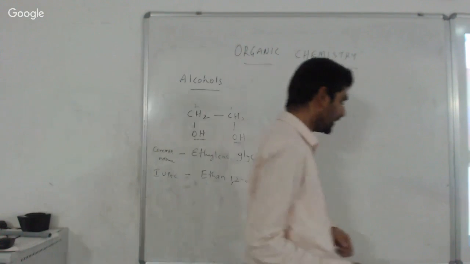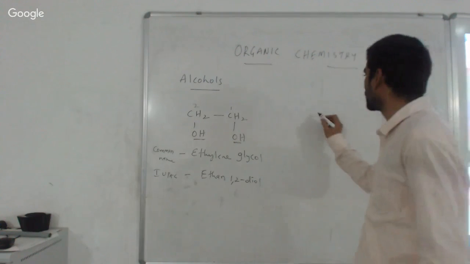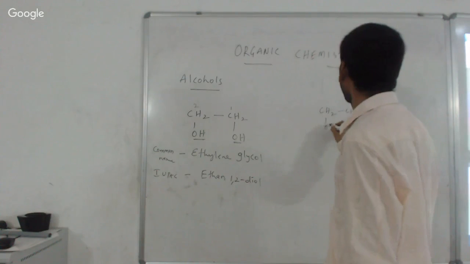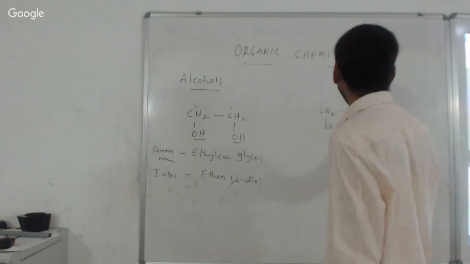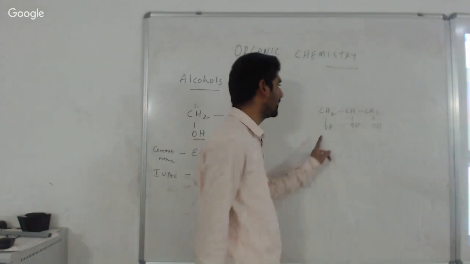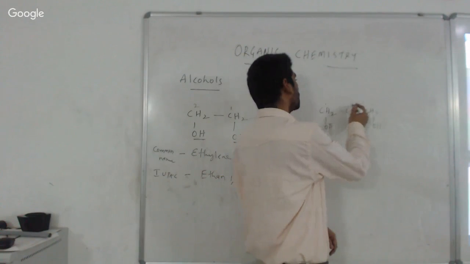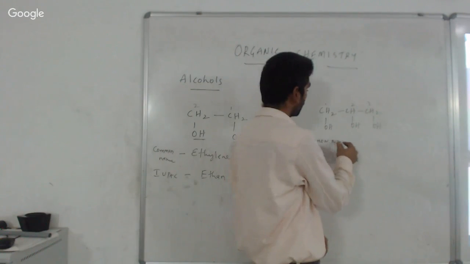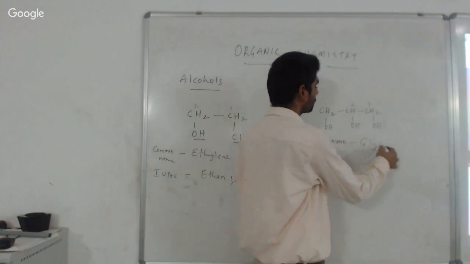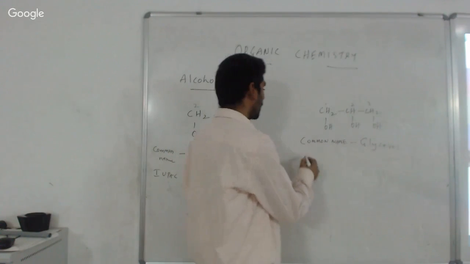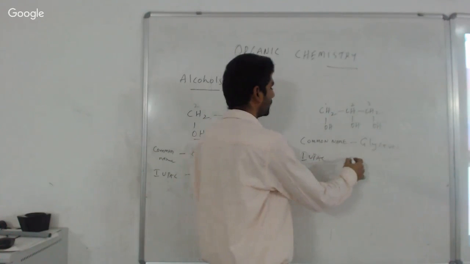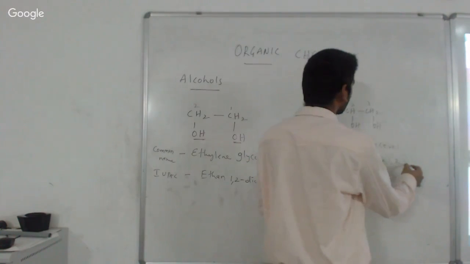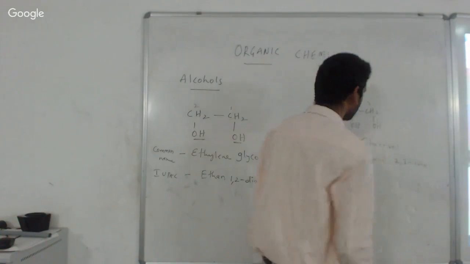If 3 hydroxy groups are present at positions 1, 2, 3, this is a trihydroxy alcohol. The common name for this is glycerol. The IUPAC name is propane-1,2,3-triol.